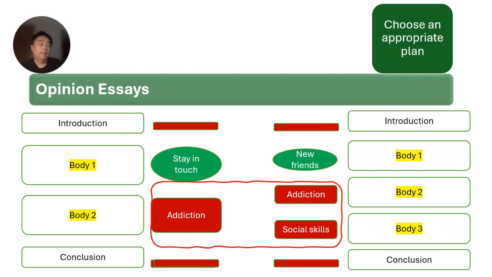Now, this can be good because for Band 7 writing and higher, you want to demonstrate a level of sophistication in dealing with a question, and that might involve assessing different views. So this is not necessarily a bad way to go, but let me show you an even better way.